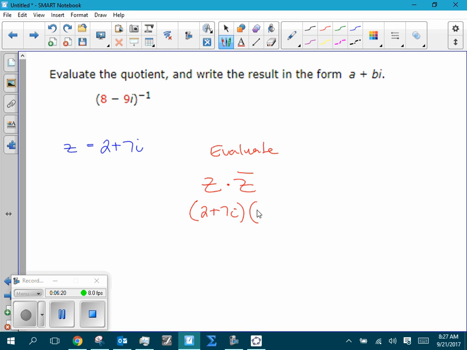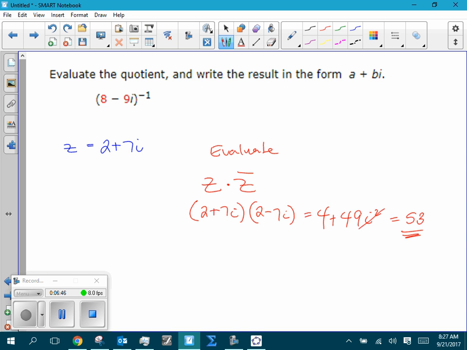Z bar is its conjugate, 2 minus 7i. Now we know conjugates, all we have to do is first times first, so 2 times 2 is 4, and then last times last, so negative 49i squared. I squared changes to a negative 1, so I evaluate that, and I work out to that real number, 53. Okay. Does that make sense?